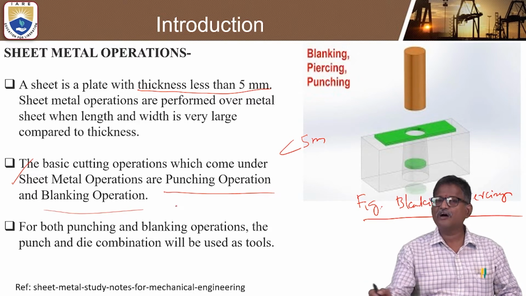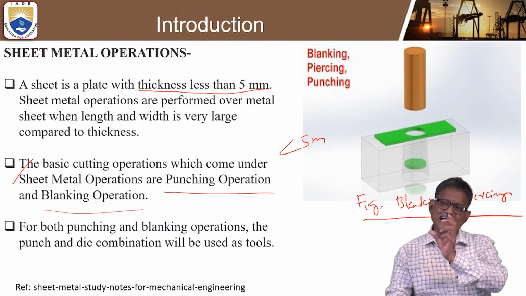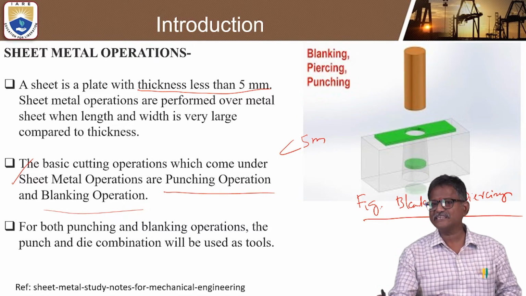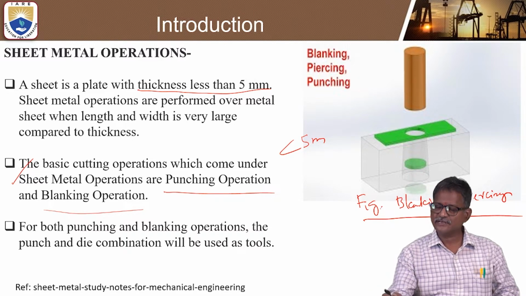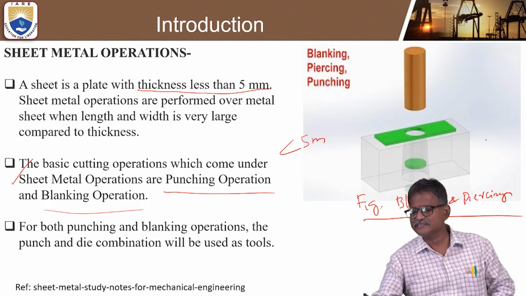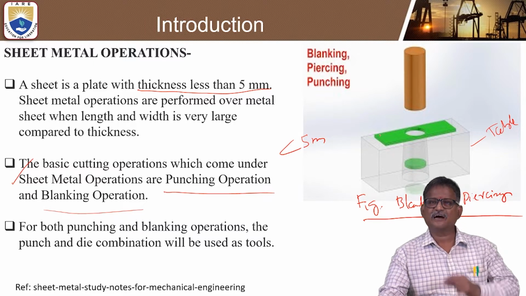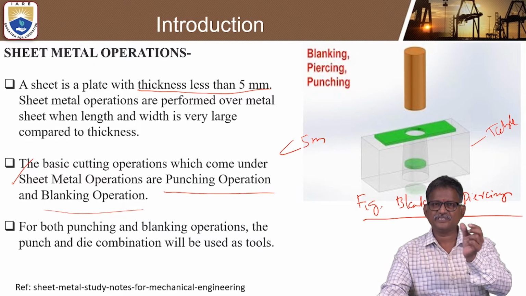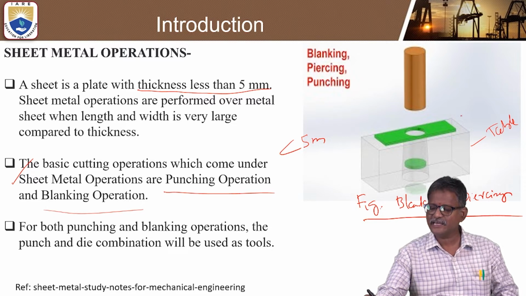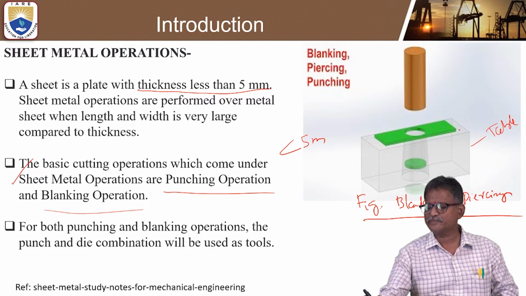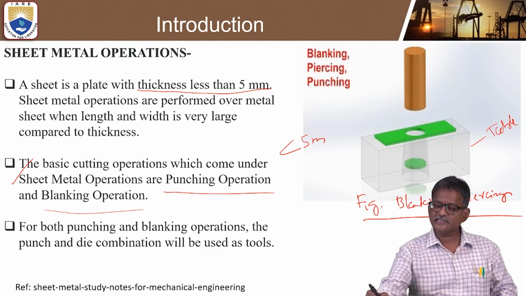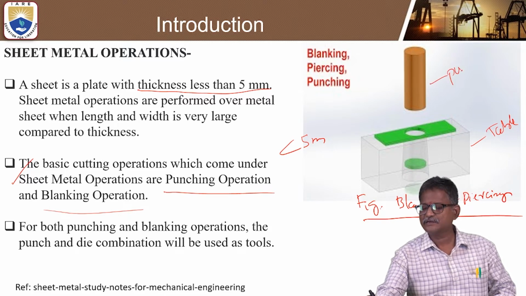You can clearly understand this with the example of a three-dimensional sketch. Look at this, there is a table, and above that the stock or workpiece or sheet or plate. This rectangular plate is kept above the table, and here this is called a punch.